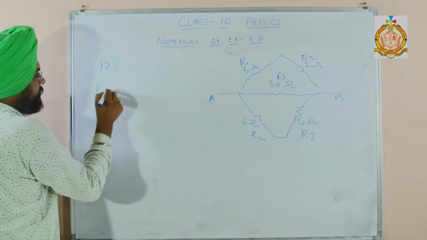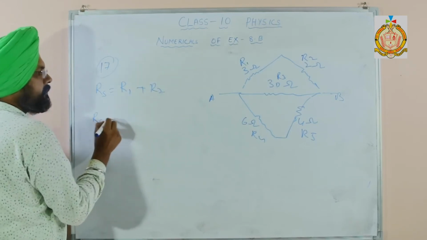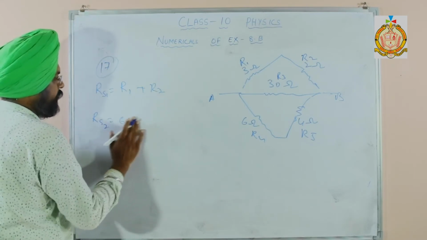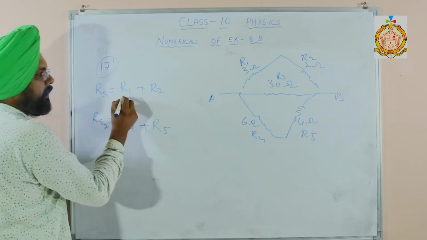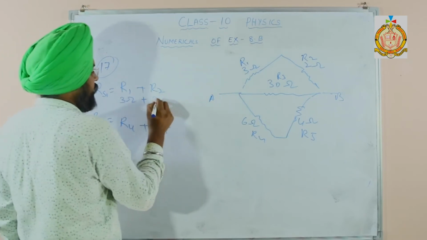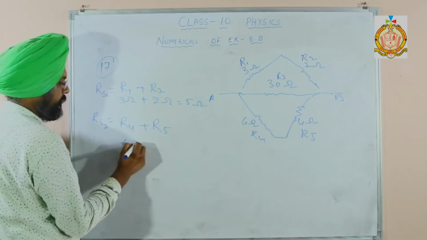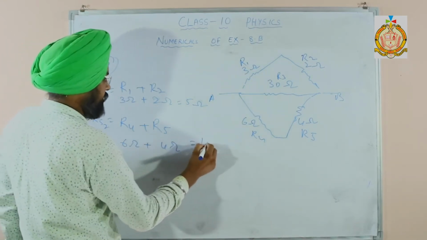R series 1 is R1 plus R2: R1 is 3 ohm plus R2 is 2 ohm, so it becomes 5 ohm. R series 2 is R4 plus R5: 6 ohm plus 4 ohm, so it becomes 10 ohm.